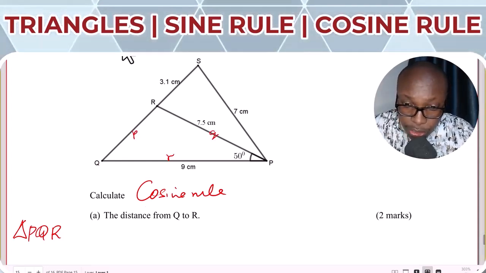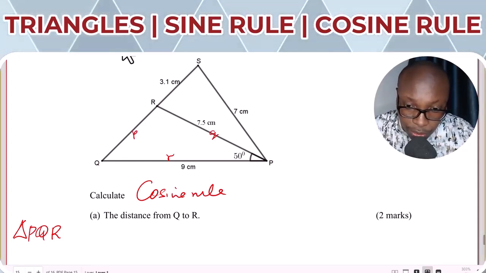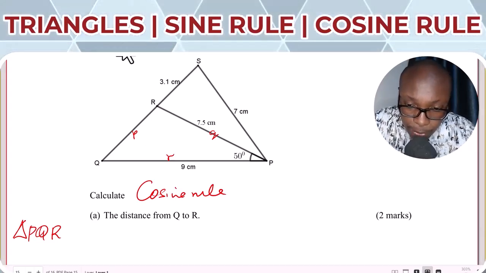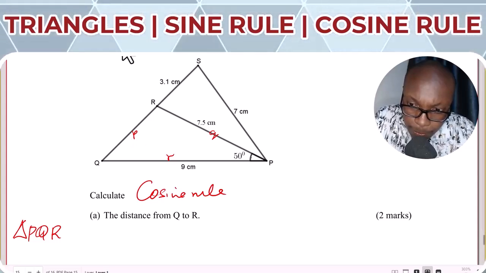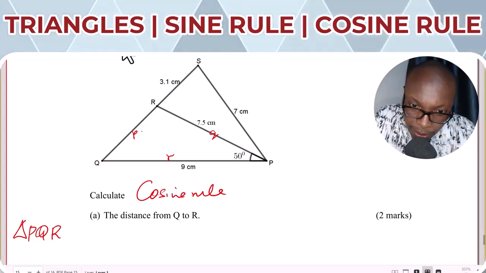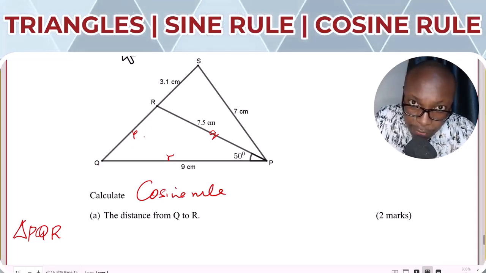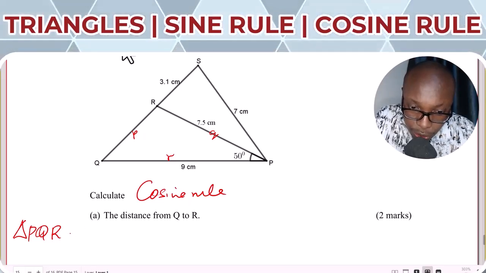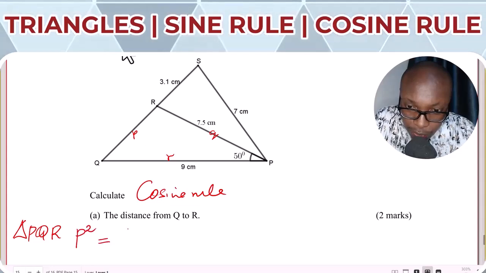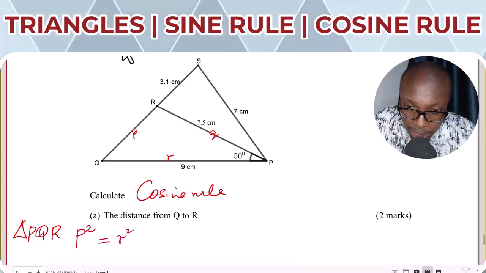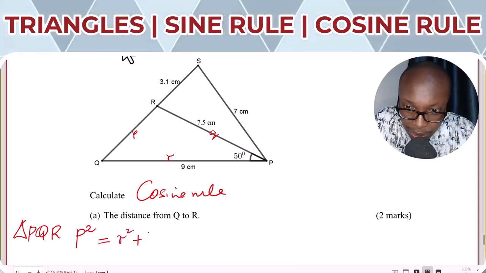The cosine rule, ensure you are familiar with the cosine rule. Now, the cosine rule states, using this particular triangle here, we want to get the side QR, which I've denoted with small p. So p squared, this is the cosine rule, is equivalent to r squared plus q squared.